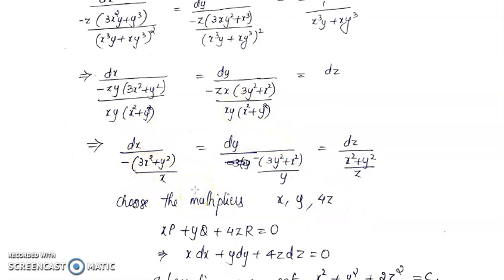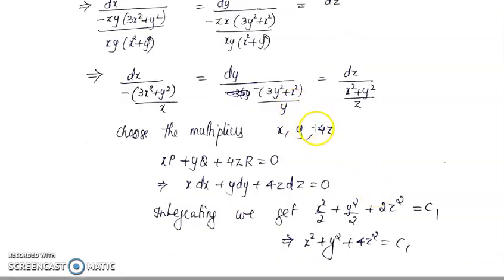Now let me choose the multipliers x, y and 4z. So when we take the multipliers x, y and 4z, so pp dash plus qq dash plus rr dash is equal to 0. So you will get the equation x dx plus y dy plus 4z dz equal to 0.